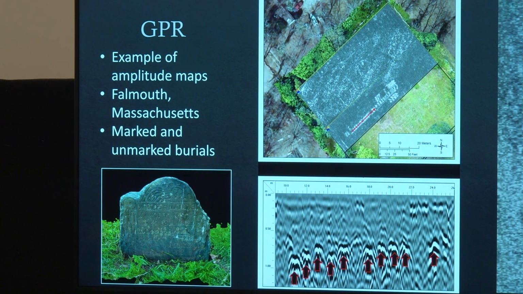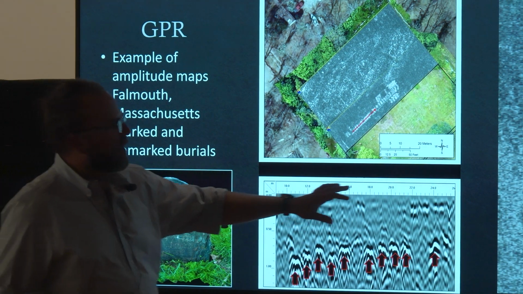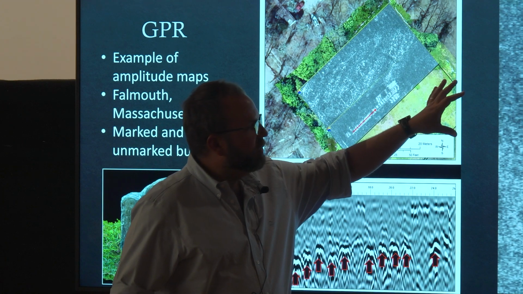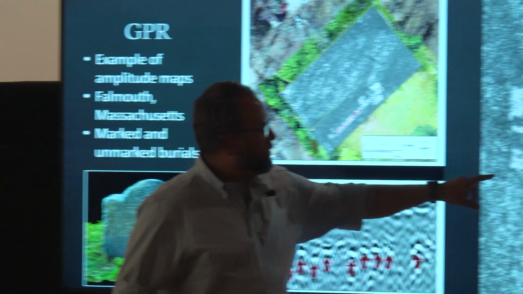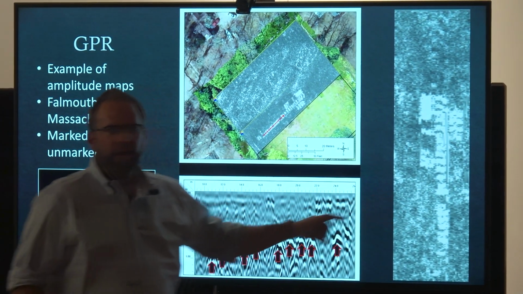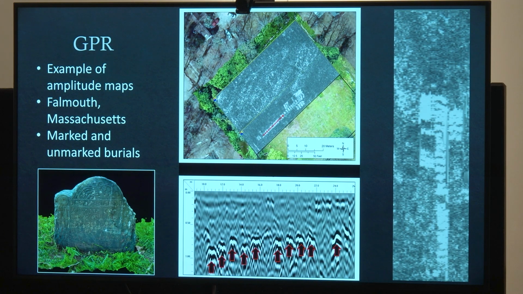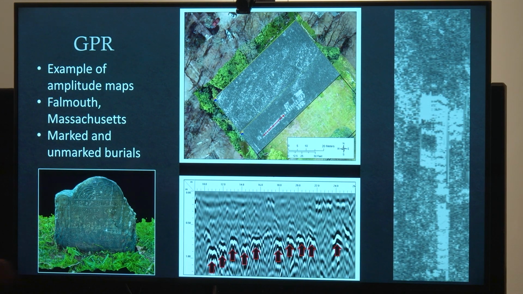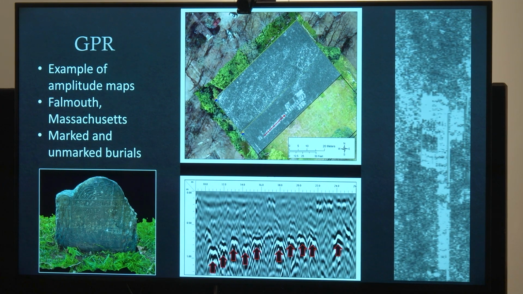And so what we're seeing here, this is an individual profile. This is what I call an amplitude map that's slicing down from the surface, okay? So we're going down, we're now at about a meter, and you can start to see the rectangles coming out as the high amplitude reflections. I've taken all of those profiles and stitched them together to make a three-dimensional map or a plan view that goes down beneath the earth.